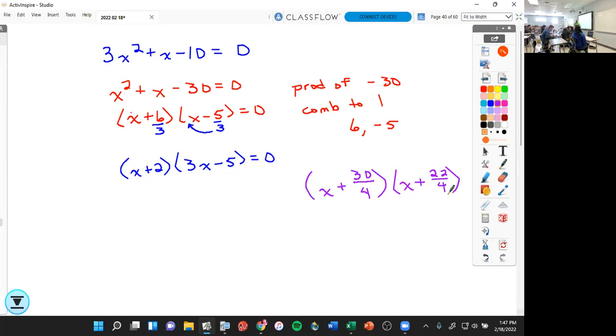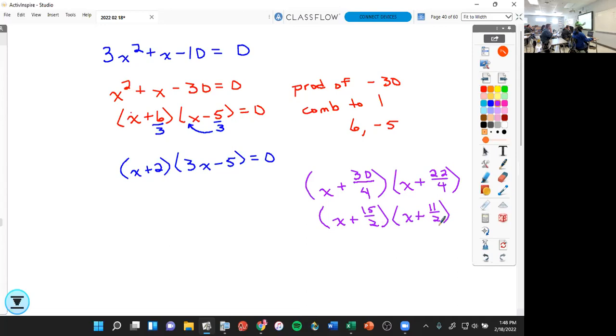Do those reduce? They reduce, right? So this one reduces to X plus, and this one reduces to, and they don't reduce any further. These can't be fractions when we get done.